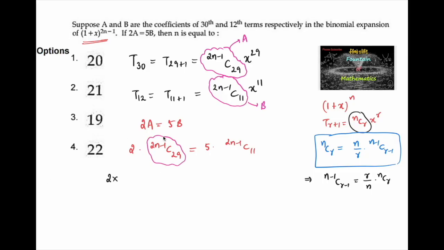I want to apply this formula here. So I can write r upon n, that is 29, we can write it as 30 minus 1. So 30 divided by 2n, where n is nothing but 2n when comparing, into nCr, that is 2n C 30, which is equal to, similarly here also I can write 5 times 2n minus 1 C 12 minus 1.